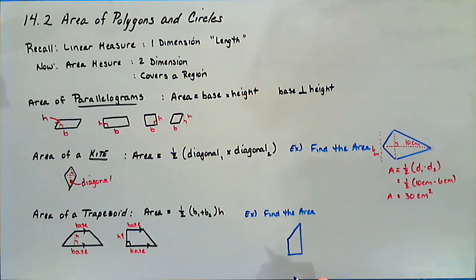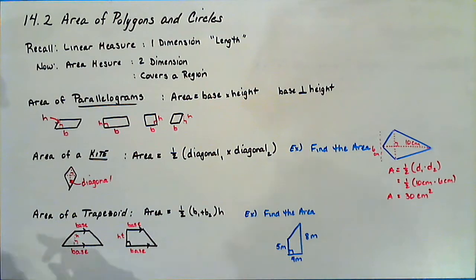So in this case, we have 8 meters by 5 meters, and let's give a height of 4 meters. Now some of you may have said the height looks like it's 8. No, the 2 sides that are parallel are called the bases.